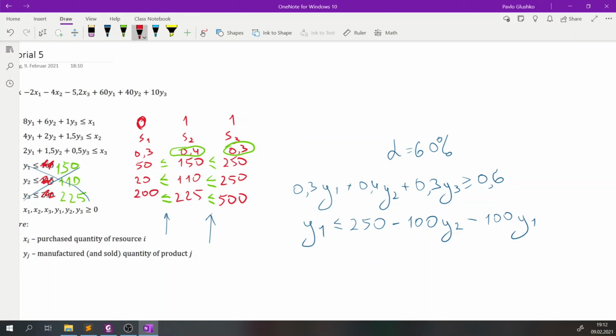We allowed it to be violated, but we included S2 and S3. So in this right-hand side, y2 will be 1, and 250 minus 100 will be exactly this number.